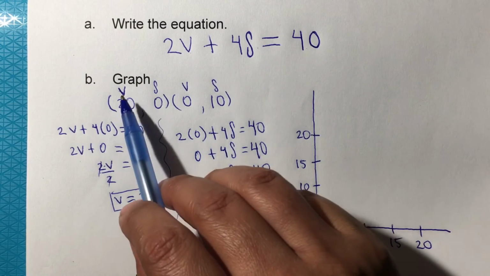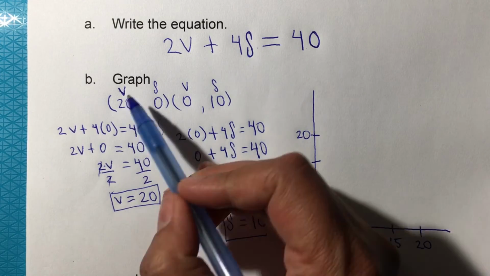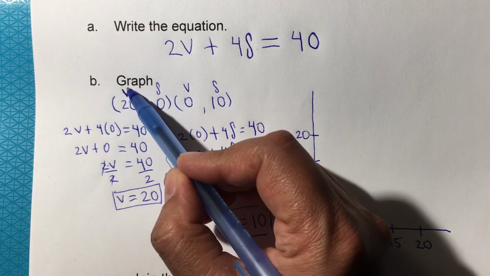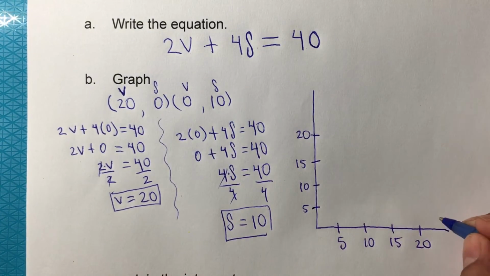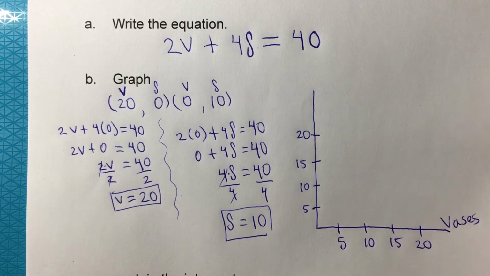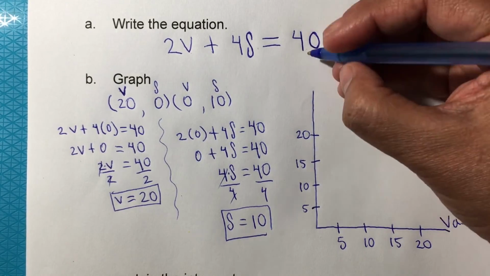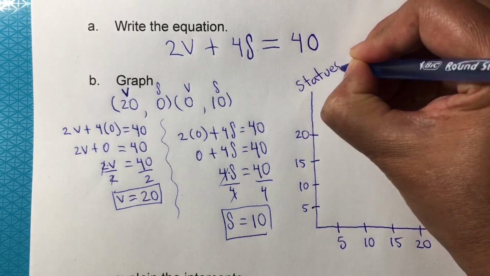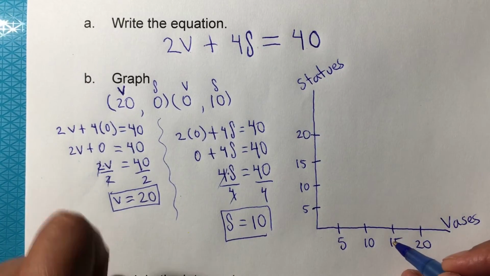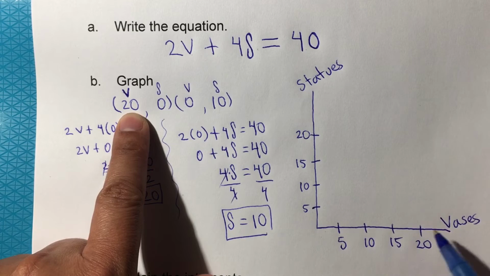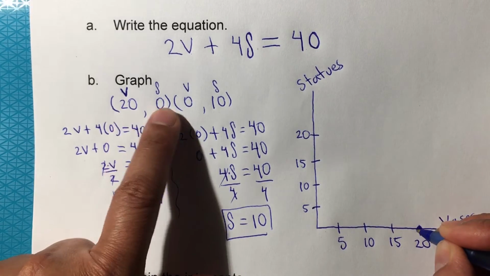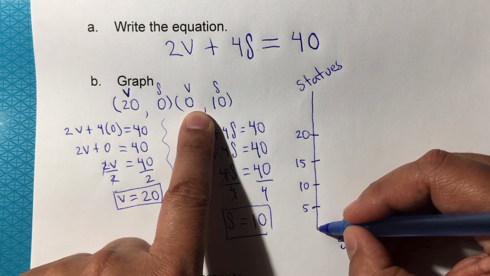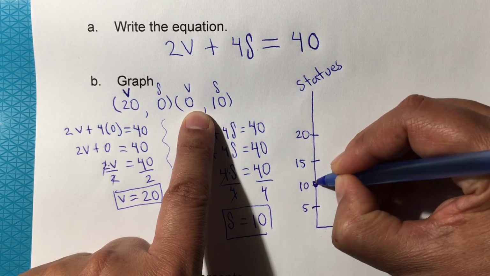And so on the X we put the value that is represented by this. In this case it is vases, so we're going to put the number of vases in here, and in here is the number of statues. So when I have 20 vases, it's right here. I have 0 statues. And when I have 0 vases, I have 10 statues.